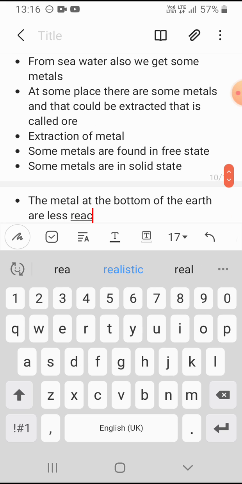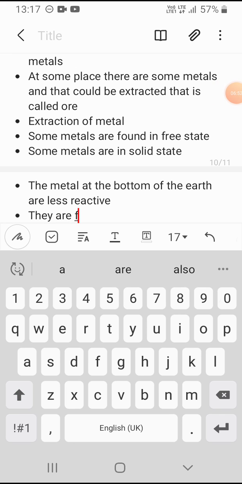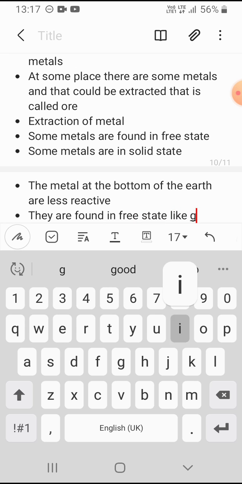More reactive elements, I said, they are less reactive, which we get. Metals at the bottom of the earth are found in the free state, like gold, silver, etc.